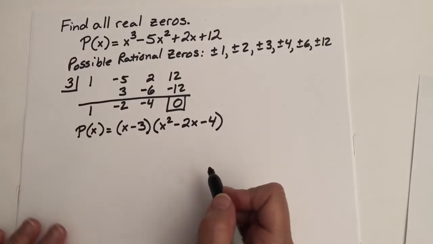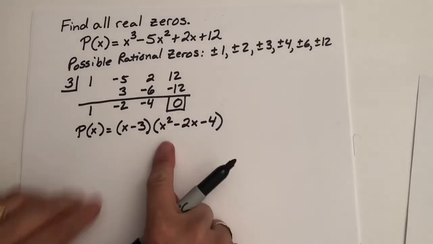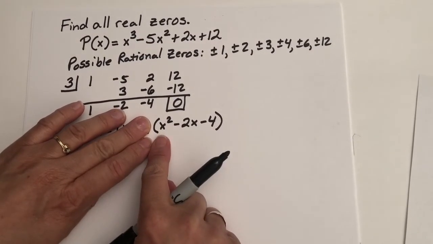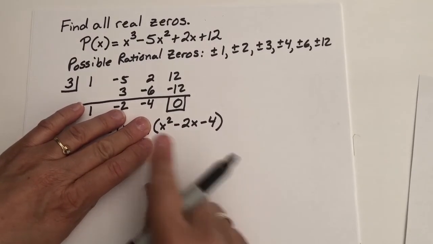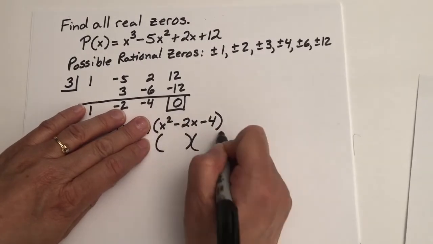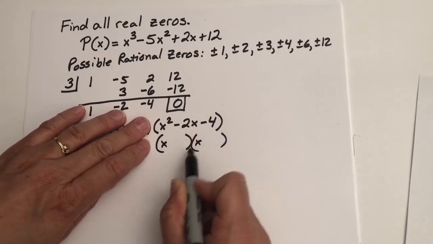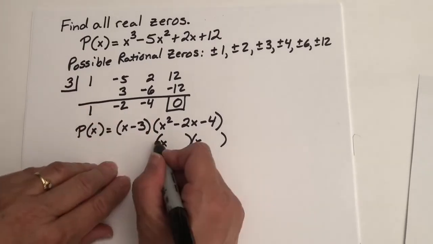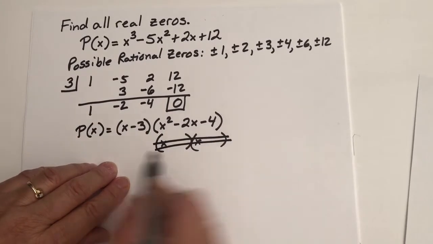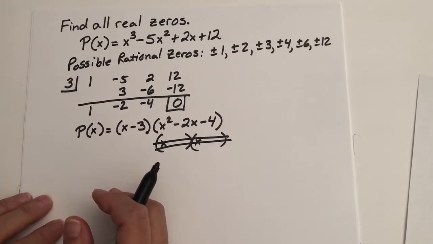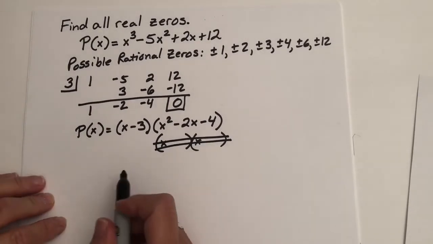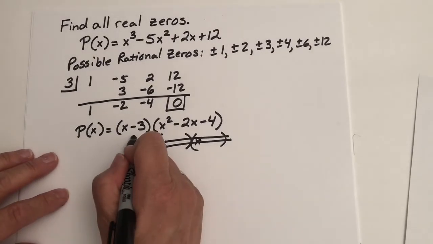Now here's where this one is different than the previous examples. You can try to factor this, but it doesn't factor over the integers, right? If you tried to do this and look for the factorization, you wouldn't get very far. 1 and 4 doesn't work, 2 and 2 doesn't work. So that strategy just doesn't work. But remember, zeros are any number that makes the polynomial equal to 0.